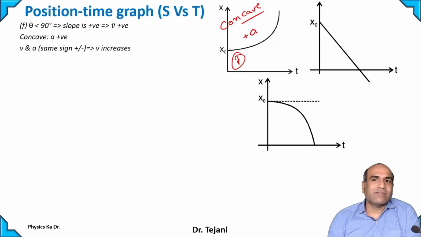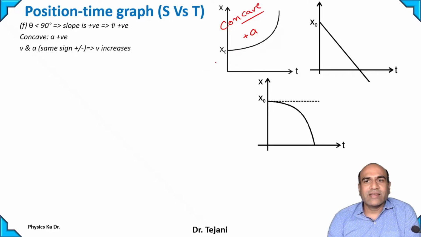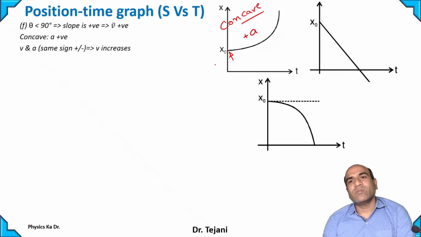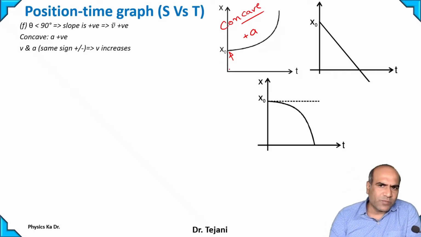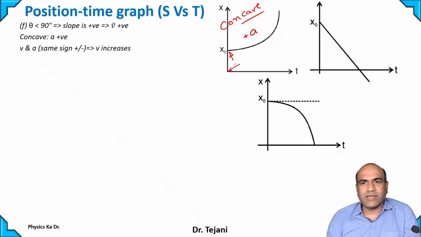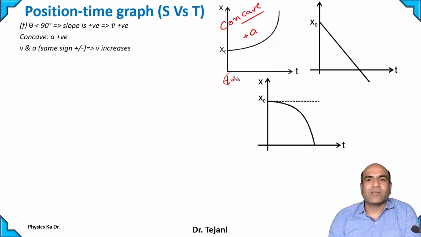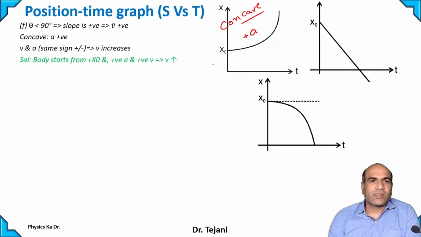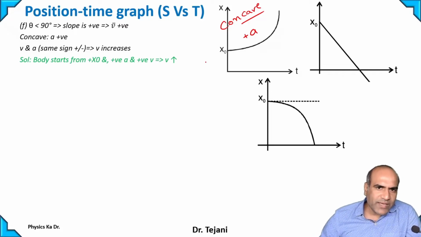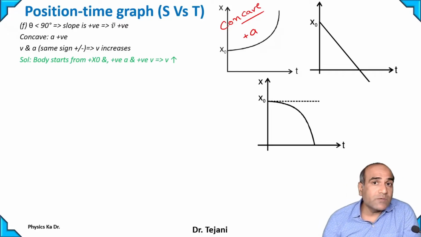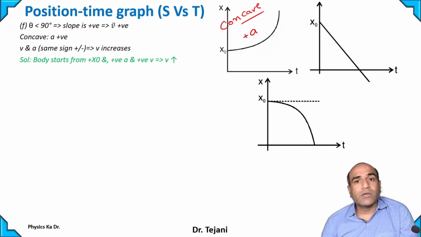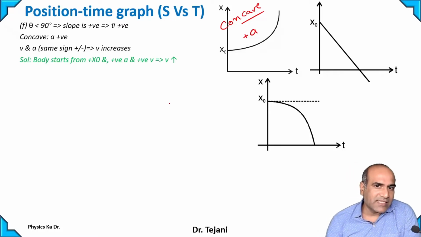In this case velocity increases, and the object starts from x0, not from rest, at time t0. So the body starts from positive x0 with positive velocity and positive acceleration, and velocity increases. That is our conclusion.